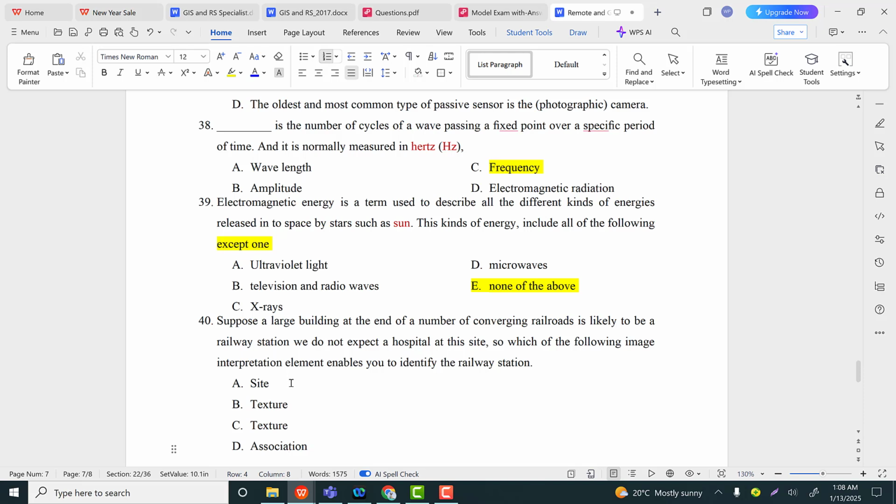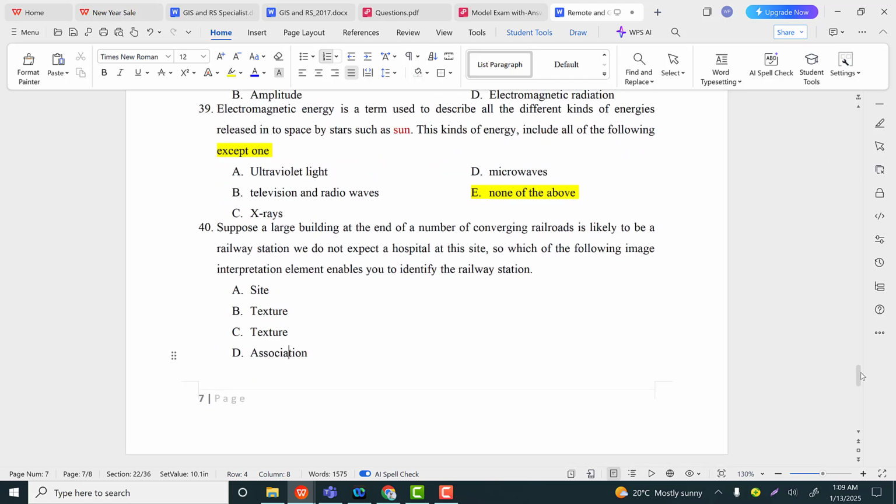A. Site. B. Texture. C. Texture. D. Association. The option for question 40 is repeated, texture. So we can identify this using association.